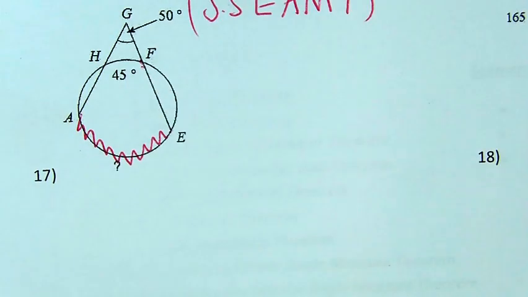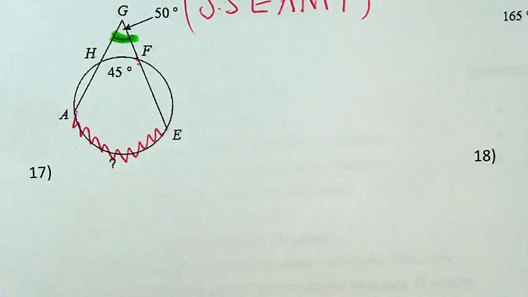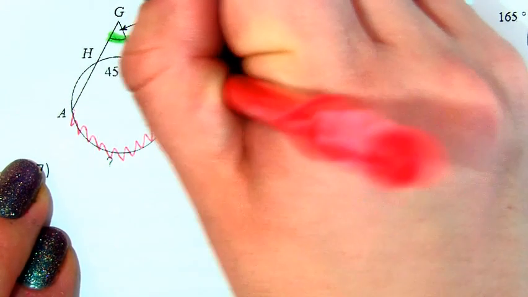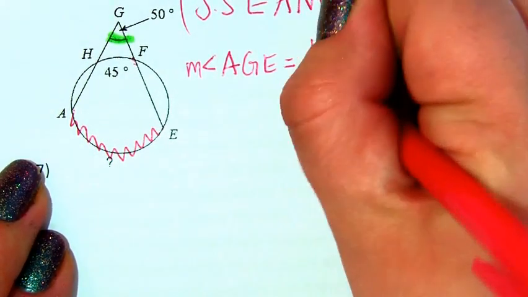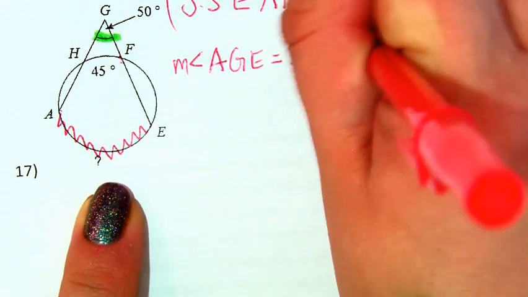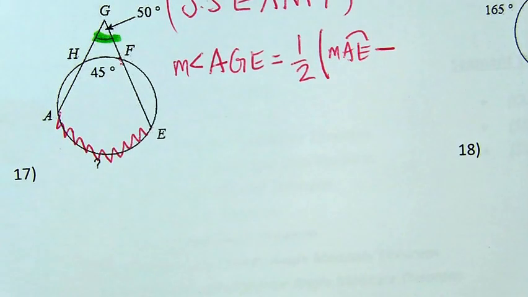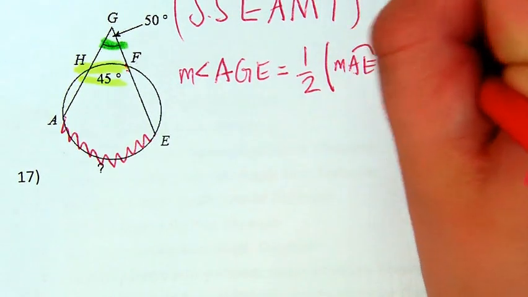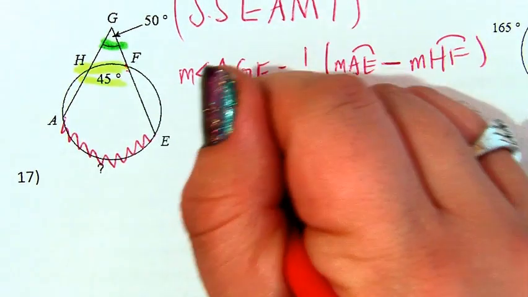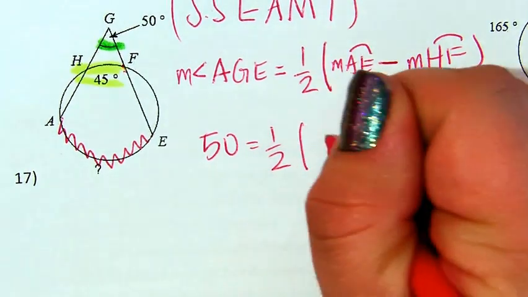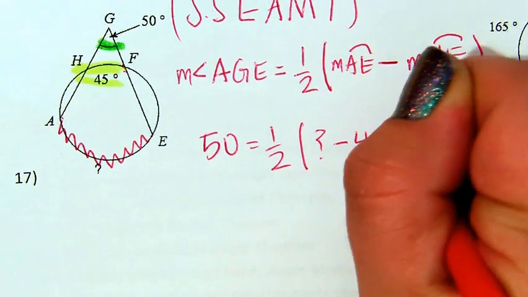This guy states that the angle, so we're going to call this angle AGE, is equal to half of my red piece, which is the arc of AE, taking away this inner arc, which is 45, the measure of HF. So I know this piece is 50 for my picture. That it's going to equal half of question mark minus 45.